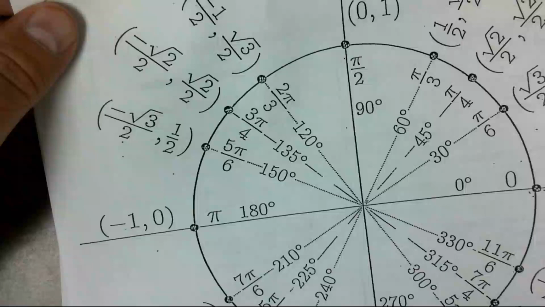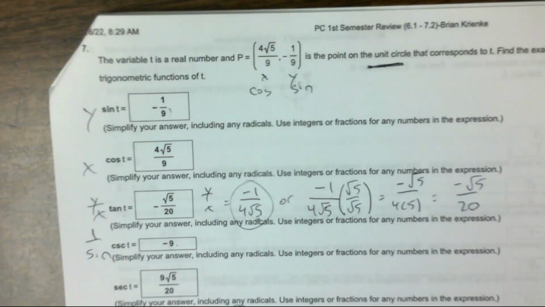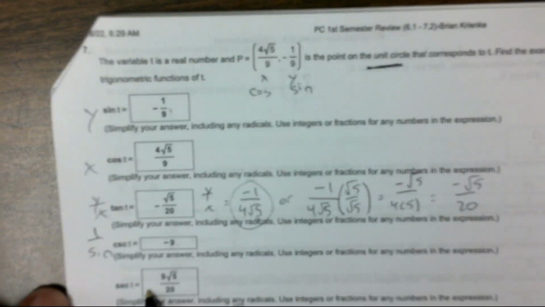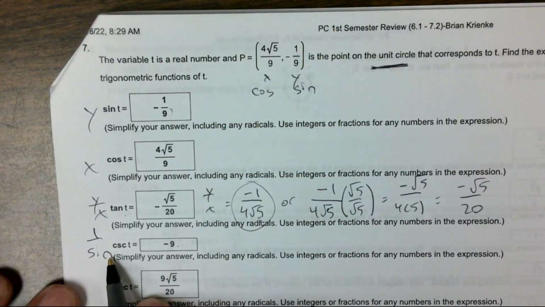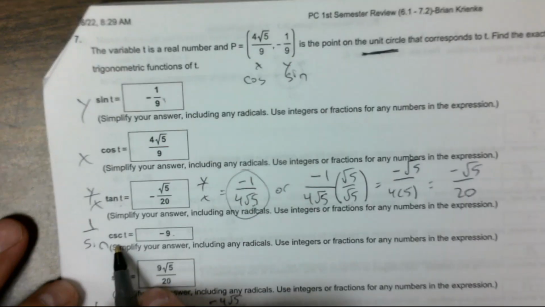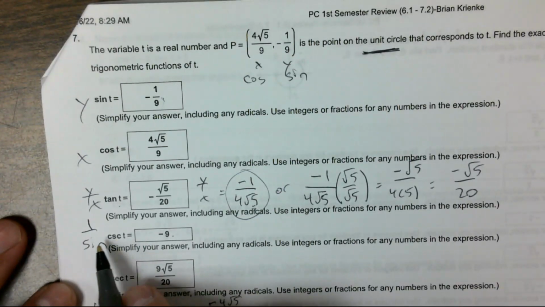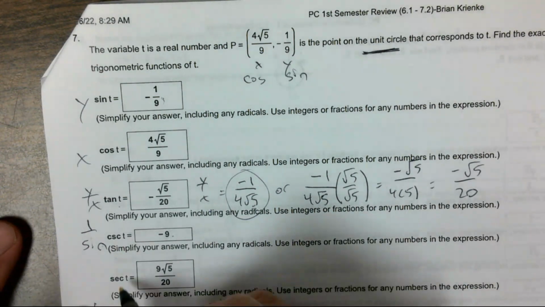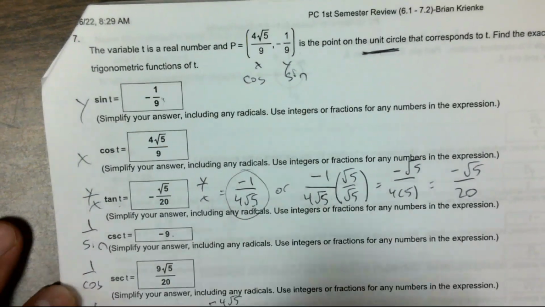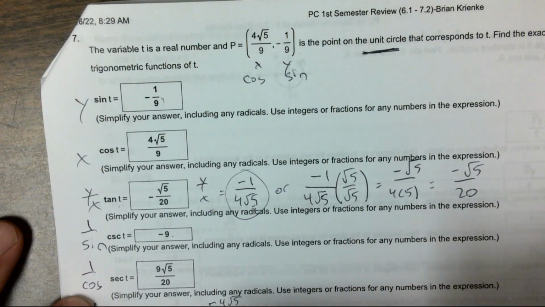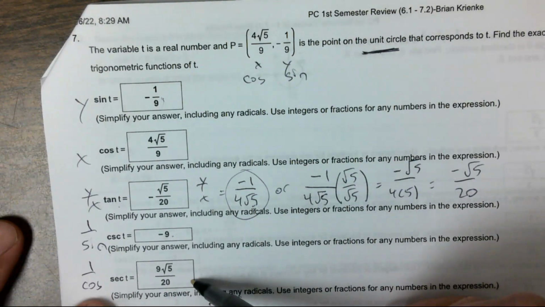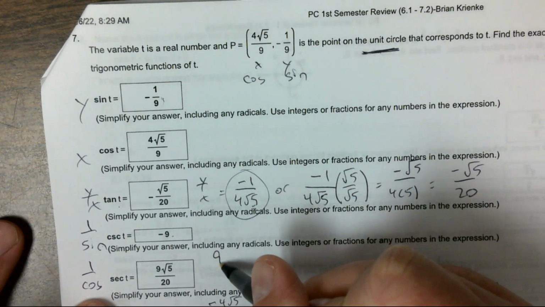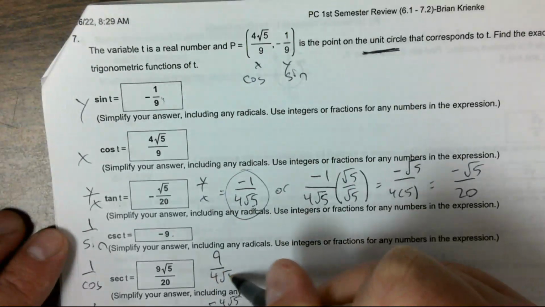So that's on the back of your unit circle packet. And then the easiest way for me to remember it is C and S go together. So sine and cosecant go together, and secant and cosine go together. So you basically flip your answer. So I put 9 on top, and I put 4 square root of 5 on bottom, and I'm done.